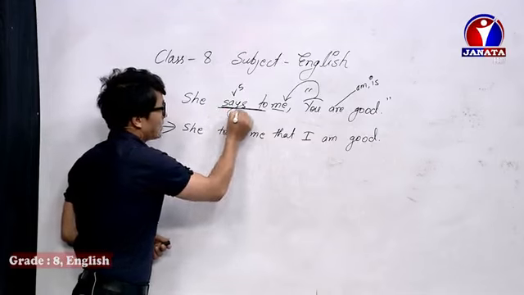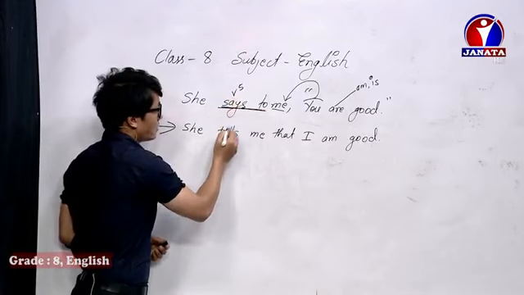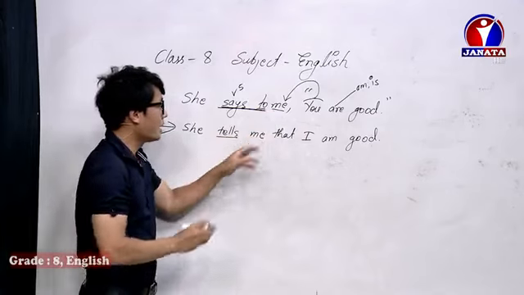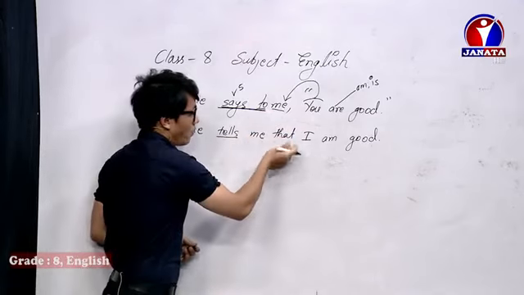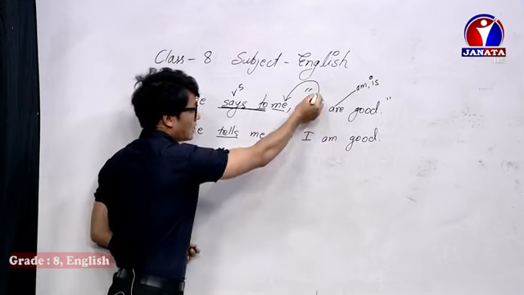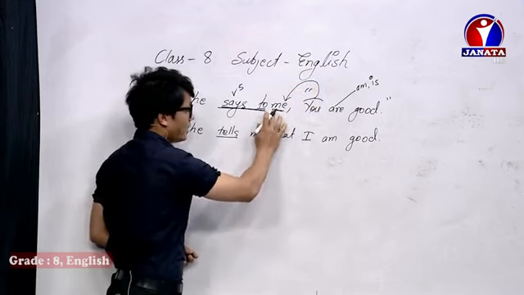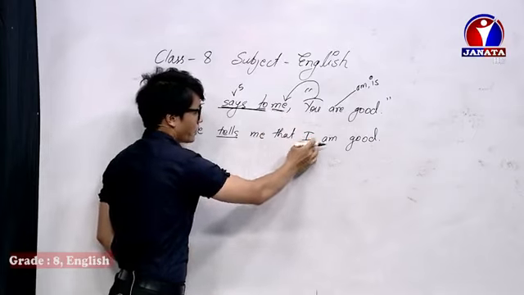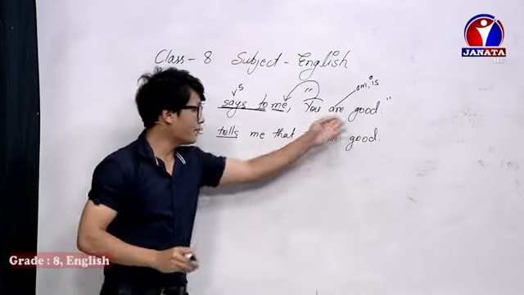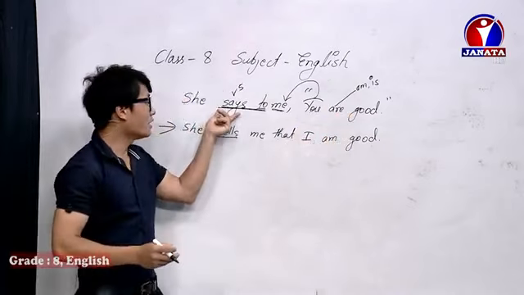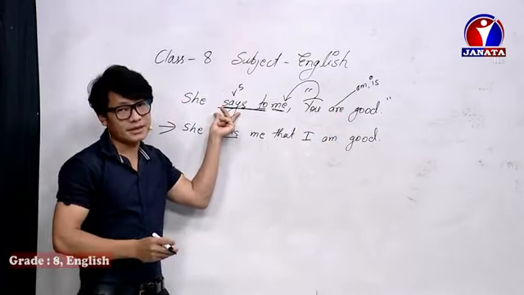This is a simple present, verb 5, and here is a TO2 preposition, so here is a tells. Me. And that is a joining word, and you subject has been changed according to the object of reporting. Me, then stand as I, and am. Simple, simple. There is no change of tense because the reporting is in present tense.